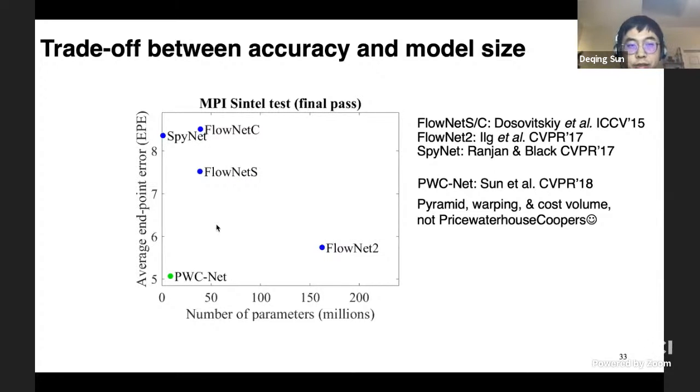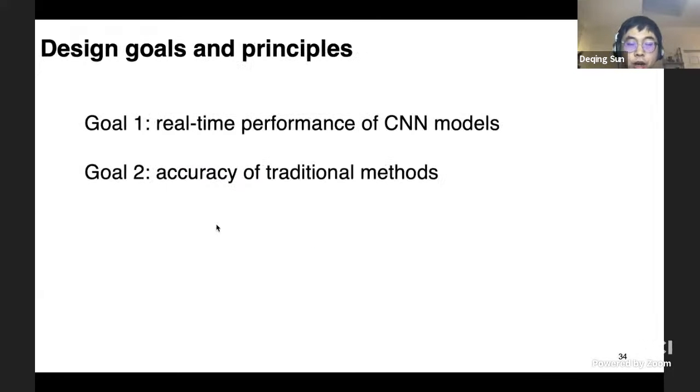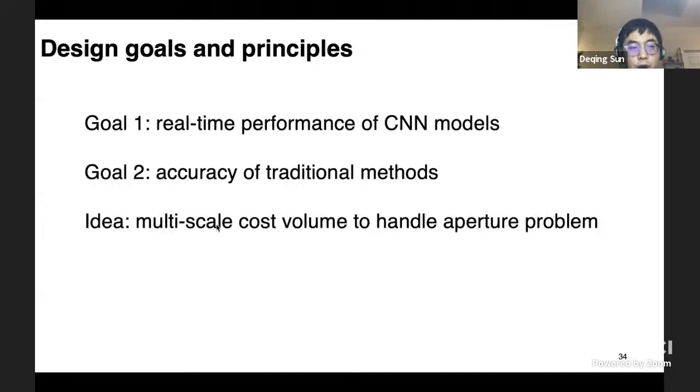Before I introduce the details of PWCnet, I will restate the design goals. First, we want to get the real-time performance of CNN models, and then we want to get the accuracy of traditional methods. One idea is we want to build a multi-scale cost volume so that we can handle the aperture problem.